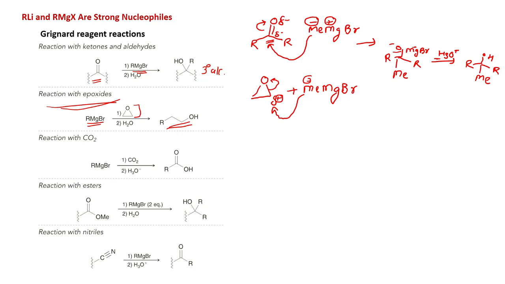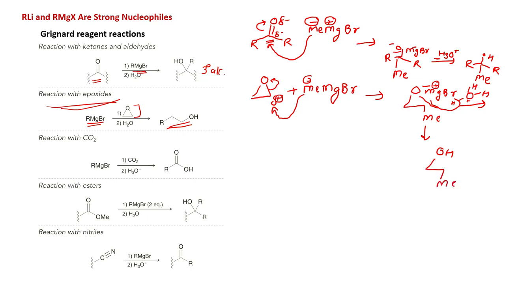This will react here and it will give you methyl and OMgBr. Next, with the hydronium, this will abstract one hydrogen and you will get your primary alcohol product.